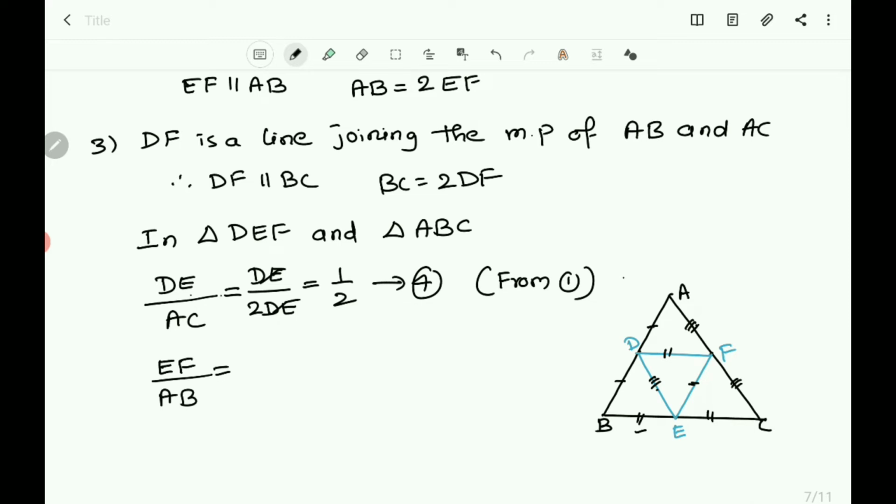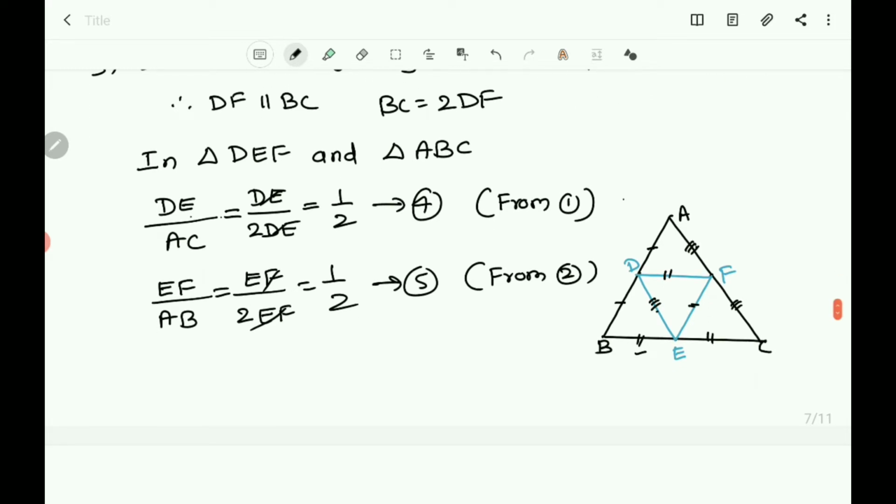Again AB is twice of EF, so EF by 2EF is again 1 by 2. Consider this as the fifth, from the second.